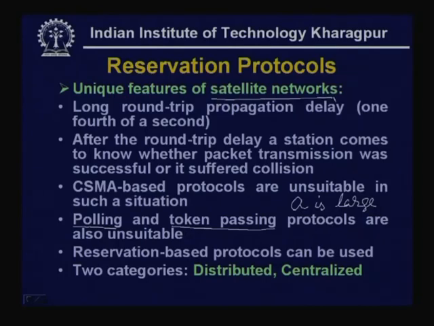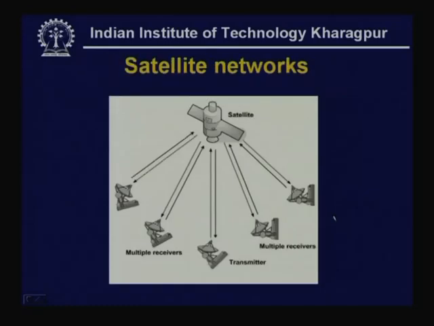So, in such a situation a new technique has evolved, which is known as reservation based protocols, and these reservation based protocols can be broadly divided into 2 types. The first one is distributed, and the second category is centralized. We shall consider several protocols based on distributed as well as centralized techniques.